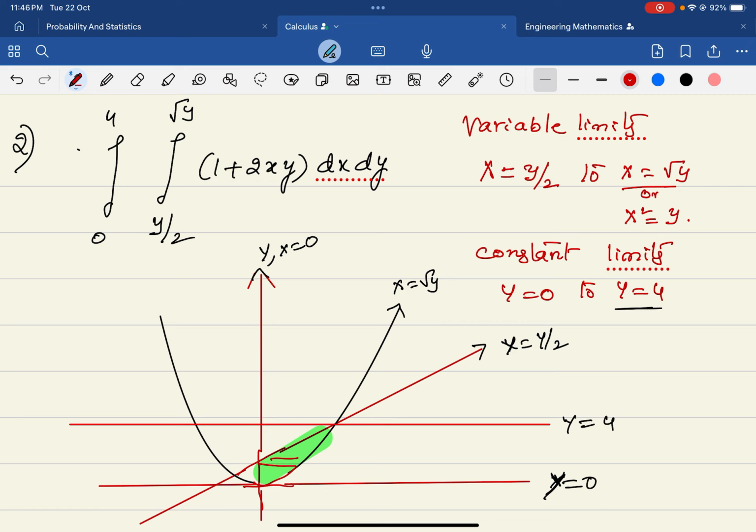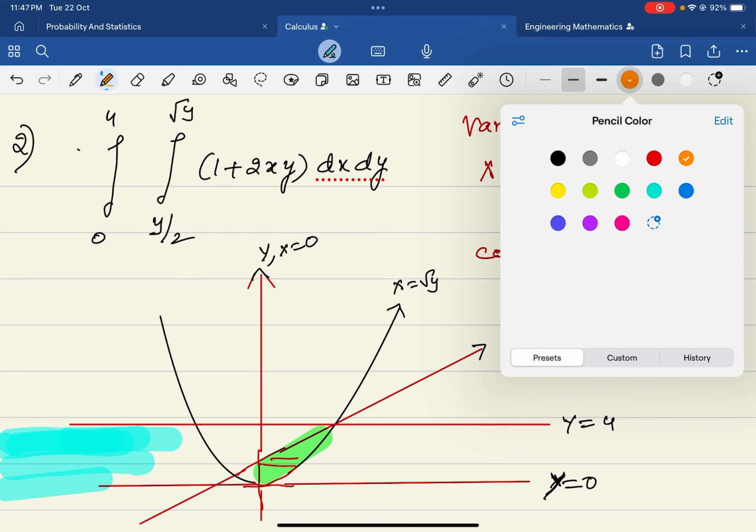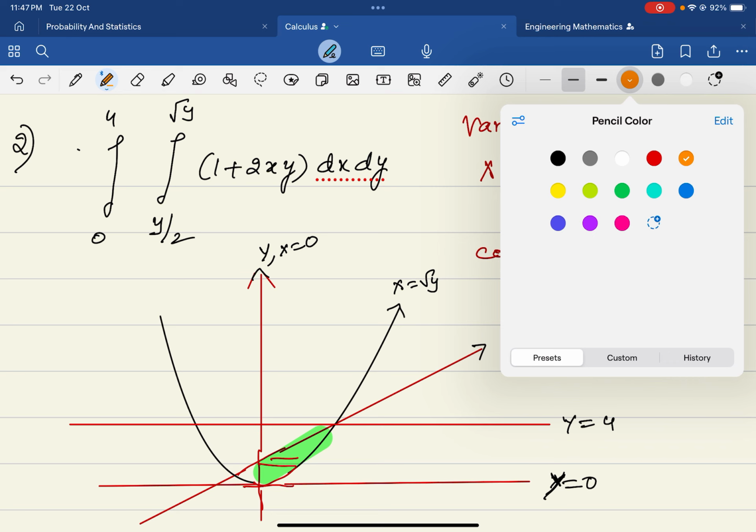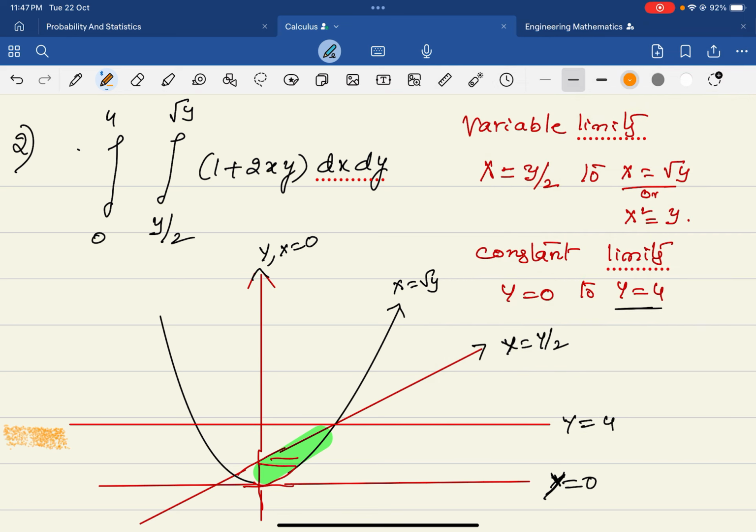So y is equal to 0 to y is equal to 4 means let us draw that boundary also. Let me draw like this, you will understand more easily. Y equal to 0 means x-axis, to y is equal to 4.